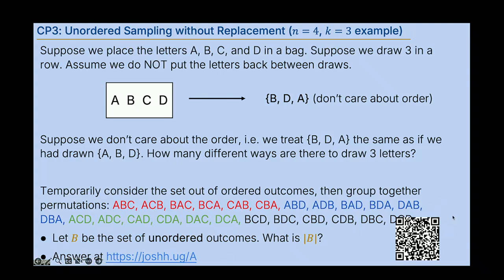Ooh, and this didn't render quite nicely, but that's okay. So you can answer this at this URL, and hopefully it works. Let's find out. So B is the set of all sets that match this pattern. And if you don't have a QR code reading thing, you can just use this URL. But the internet's not working on my phone. Troubling.